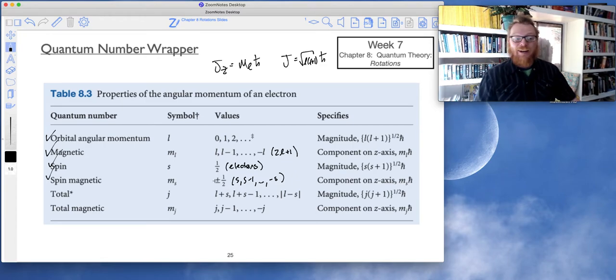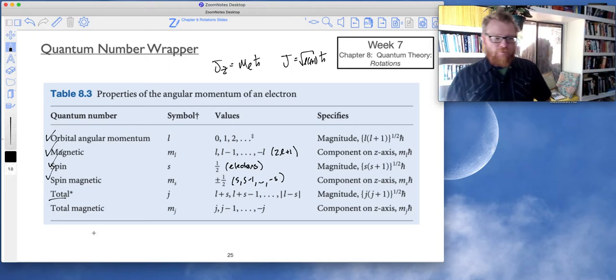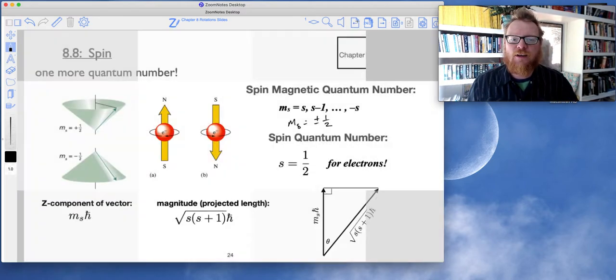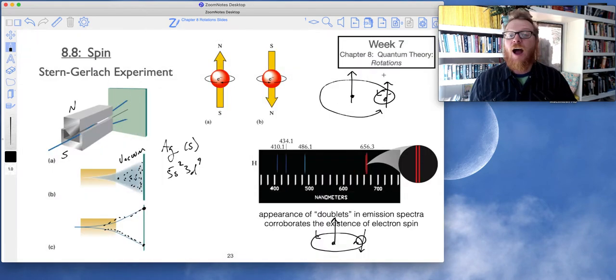So now, I didn't talk about this in the previous lectures, but we have the total. And I kind of alluded to this a little bit with this picture that I drew right here, right? So here we have, I'll give this one as mL.